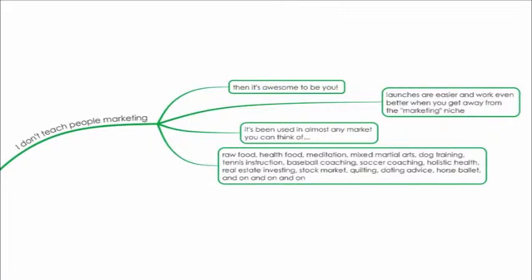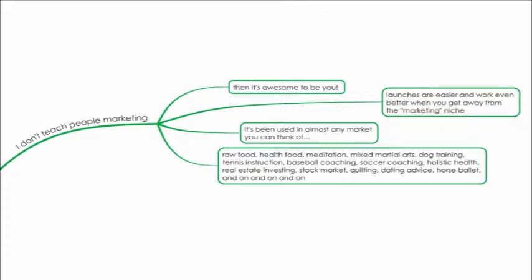Well, the thing is if you're in a different market besides teaching marketing or teaching business, it really is awesome to be you, because these techniques work better and they're easier to use when you're outside of the marketing niche, when you're outside of the business building niche, because frankly, there are so many launches, there's so much noise in the market that I'm in that's teaching people how to build their business.